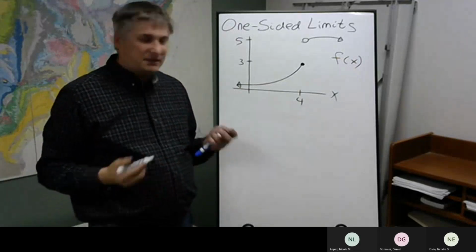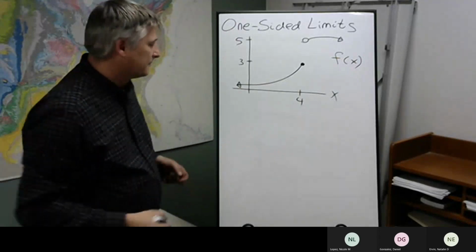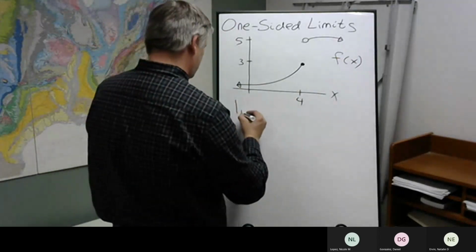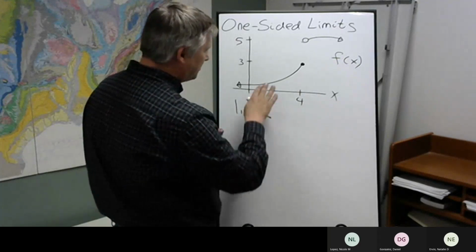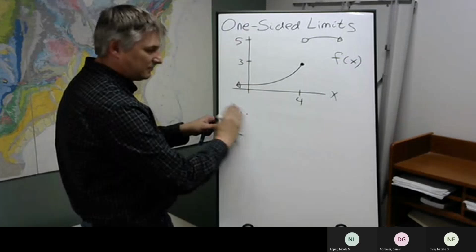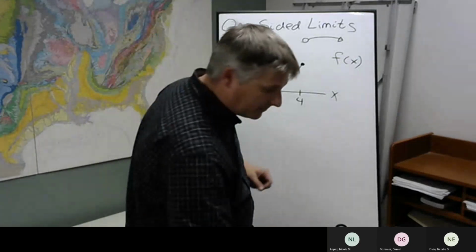Now, let's take a look at the limit at x equals 4. And let's say we approach from what we call the left side of 4.